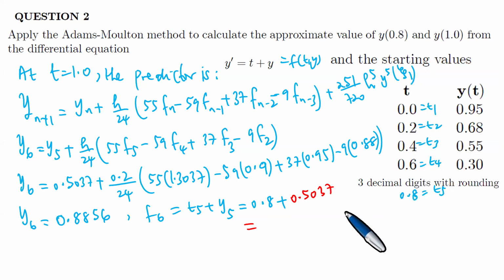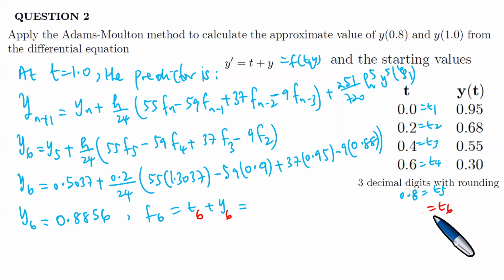Okay, there's something I need to add here. What I'm saying is that F6 is f of t6, y6. So it is t6. And obviously if this is t5, then t6 is going to be 1.0, which is what we want.